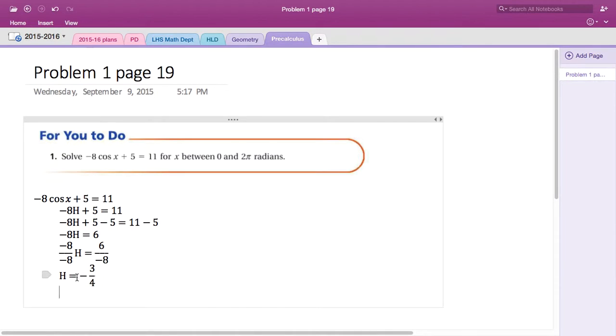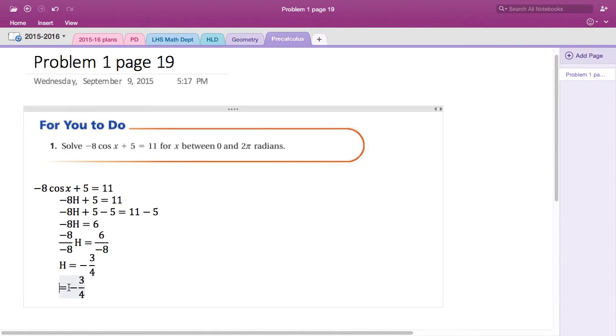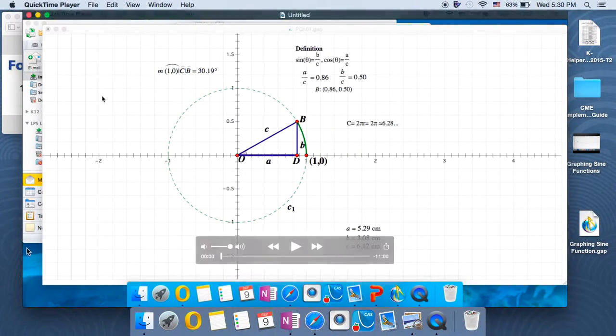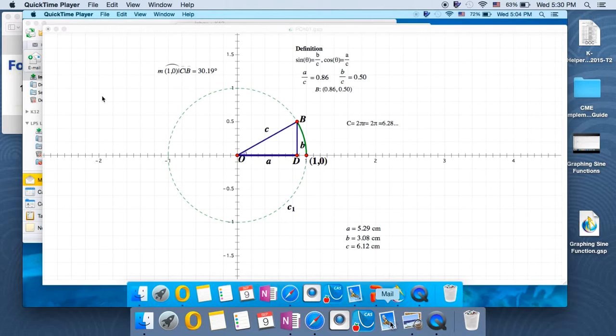But this h, we actually have cosine of x. Right? So what we have to do is the inverse of cosine. But let's go back to the unit circle. Where's the unit circle?